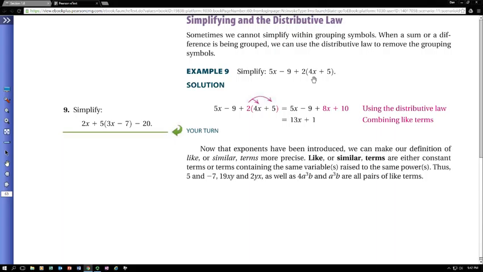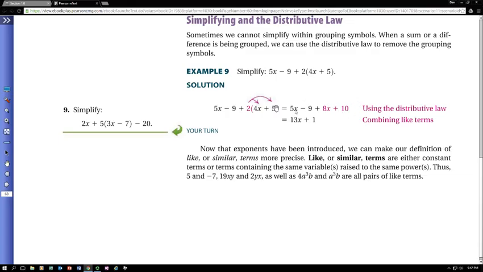I can do, but I need to get some things out of the way here. Well, one way is, I can distribute this according to the distributive law and go 2 times 4x plus 2 times 5, and that's what they're showing here. So they can rewrite this expression as 5x minus 9 plus 8x plus 10.